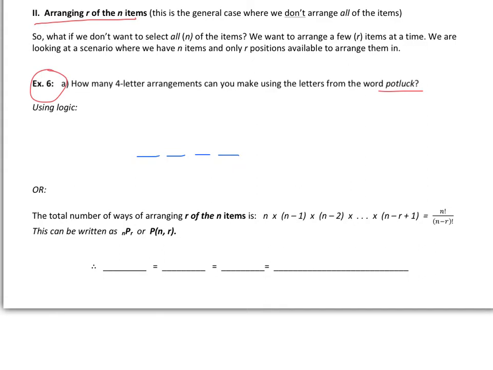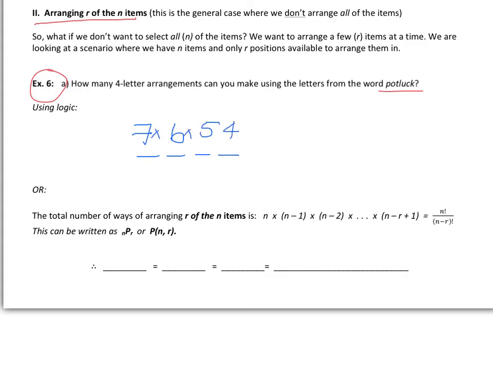So if I have 7 letters in the word potluck, the first space that I have here has 7 different letter options. And then once I use one of those letters for that spot, I'm of course left with only 6 letters left. And then when I use one of those letters, I have 5 letters left, and then I have 4 letters left.